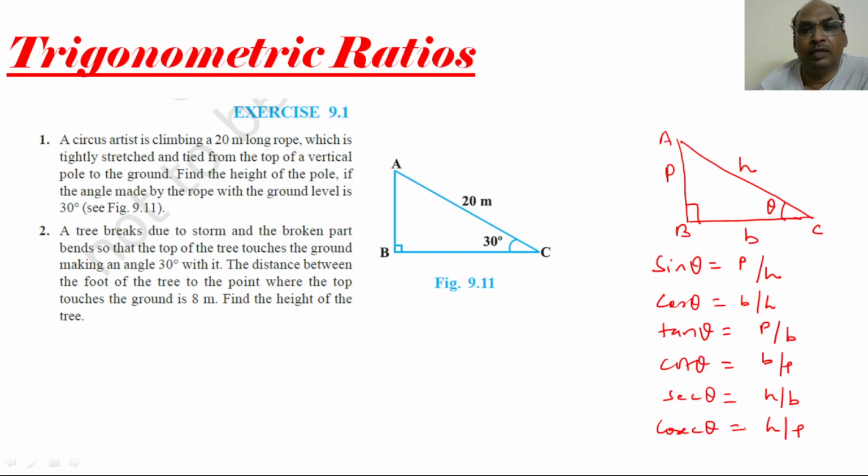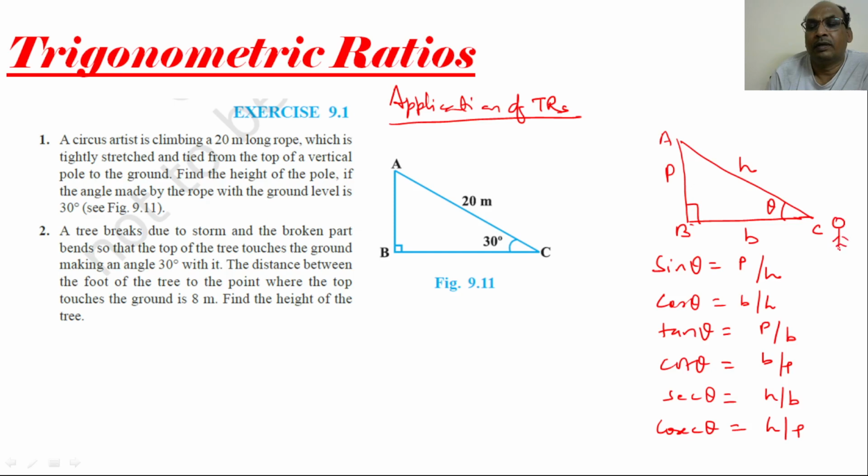Now in this particular chapter, where we are going to talk about applications of trigonometric ratios, let me tell clearly that if this BC is on ground level, the surface of the ground, and if I am standing at C and looking towards the top, towards the vertex A of this triangle, then this theta angle will be called the angle of elevation.